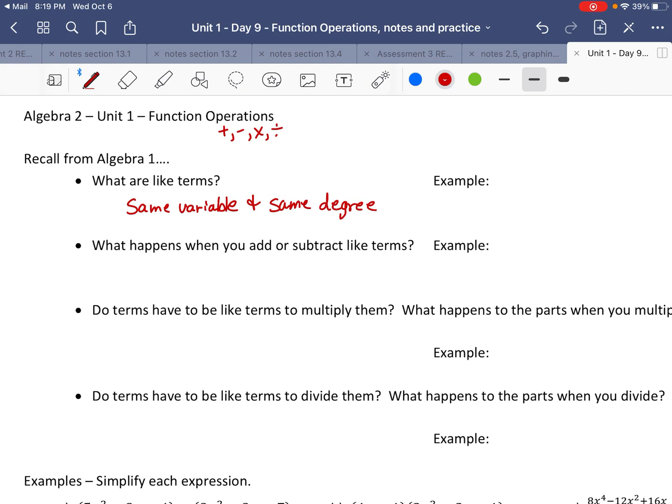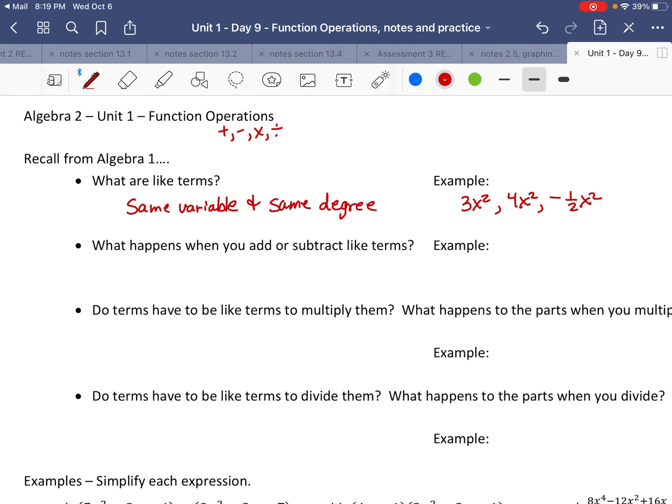They have the same variable and the same degree, they have to be the same. An example of like terms would be 3x squared and 4x squared, or negative 1/2 x squared. They're all x squareds, okay? So these are like terms. They have the x's, the same power, the same degree.